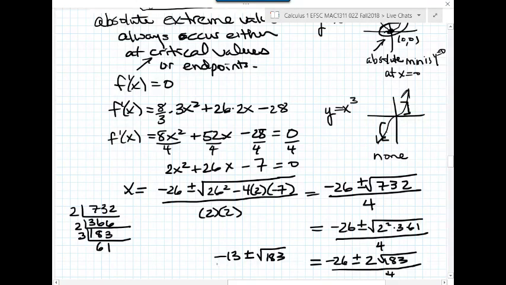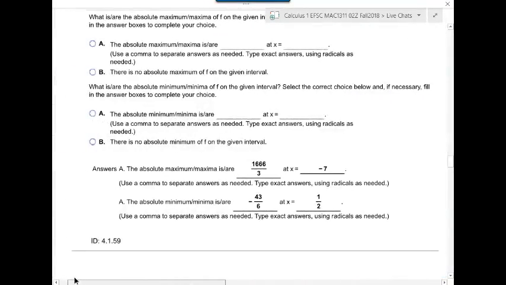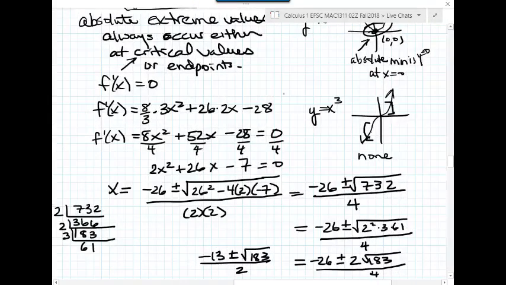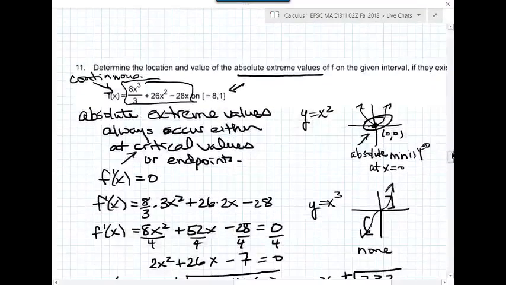I'm just trying to simplify the 732 here. So 2 goes into 732 366 times, 2 goes into 366 183 times, 3 goes into 183 61 times, and I think 61's prime.